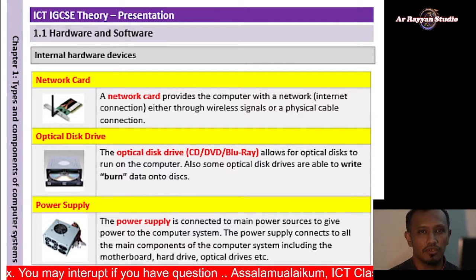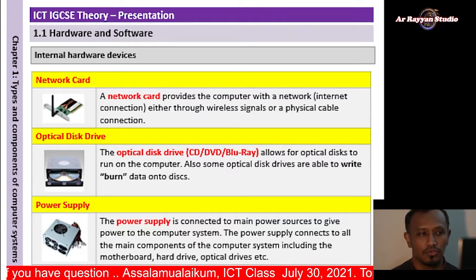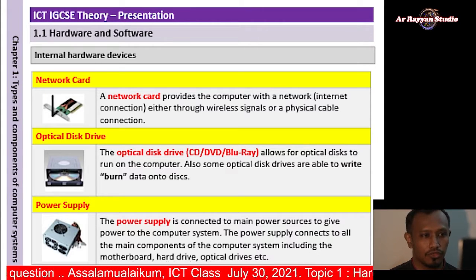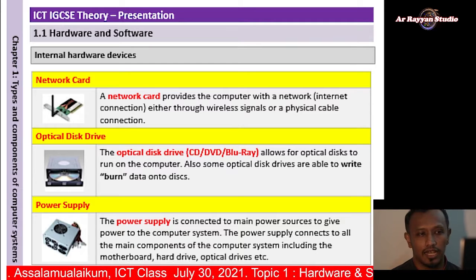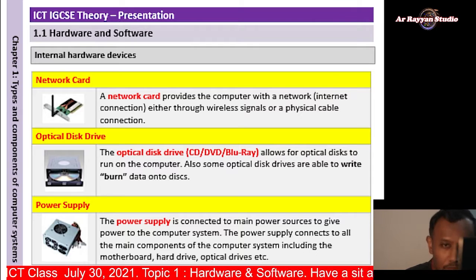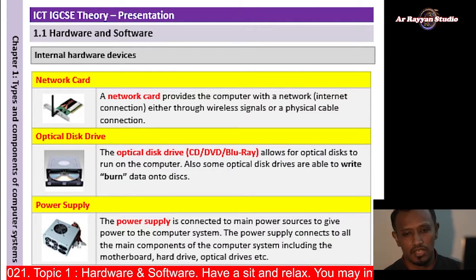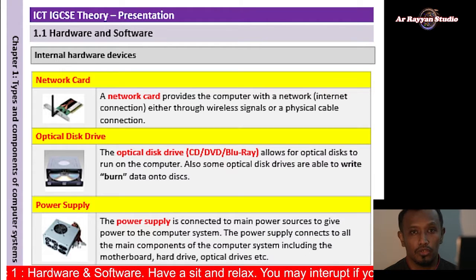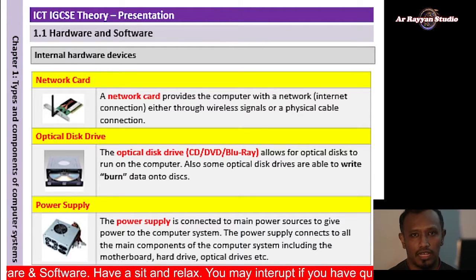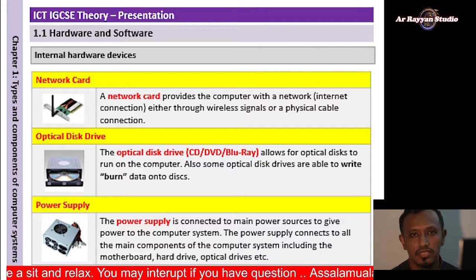Next we have the optical drive. This optical drive allows optical discs to run on the computer, and some optical drives are able to write and burn data onto the disc. I don't know whether you still use an optical drive or not, because currently we have more choices of drives.